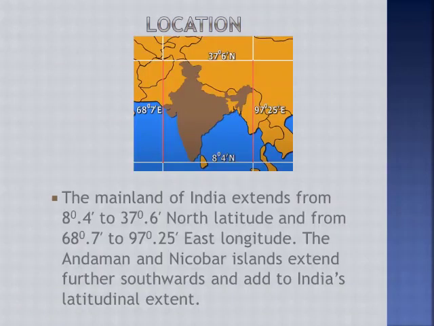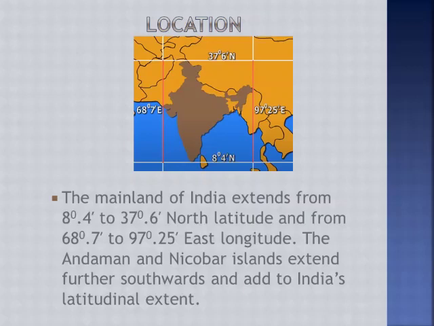The mainland of India extends from 8 degrees 4 minutes north to 37 degrees 6 minutes north latitude and from 68 degrees 7 minutes east to 97 degrees 25 minutes east longitude. The total latitudinal and longitudinal extent of India is about 30 degrees.